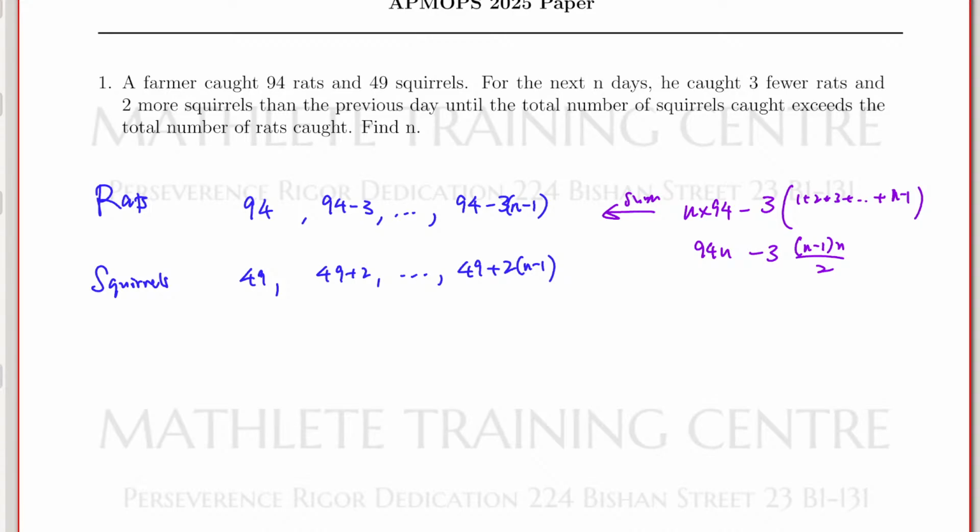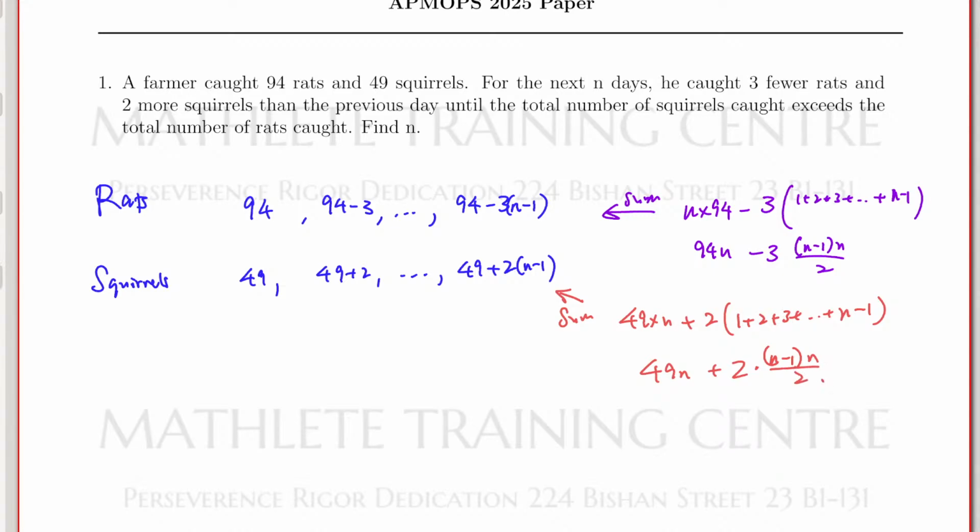In a similar way, for the other row, the sum will be 49 times n plus 2 times (1 plus 2 plus 3 ... up to n minus 1). So this equals 49n plus 2 times (n minus 1) times n over 2.